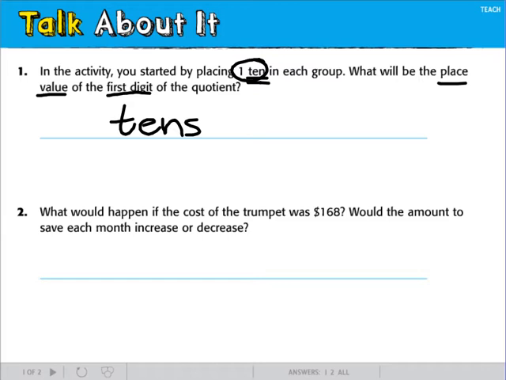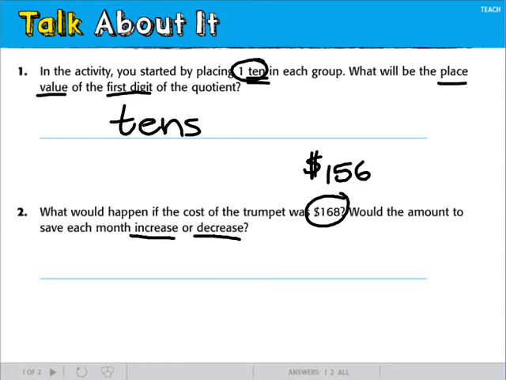Okay, so we started off wanting to save $156. Now they're telling us, what would happen if you wanted to save $168? Would the amount that you saved each month increase or decrease?